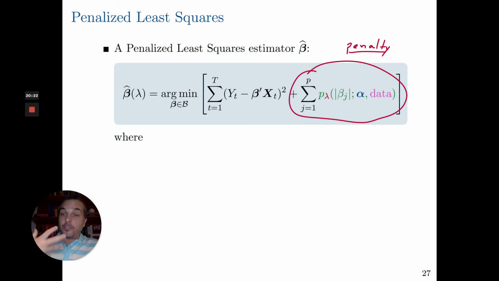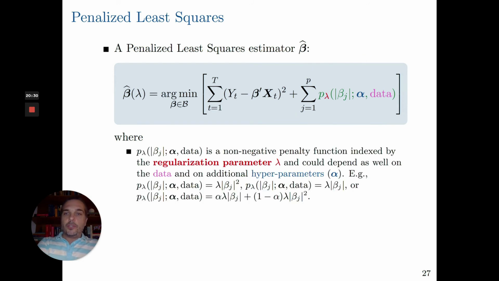In fact, we're going to introduce curvature in our cost function. So we are including an additional term to the sum of squares. This penalty term will be a function of the parameters, can be data dependent, and also some hyperparameters.